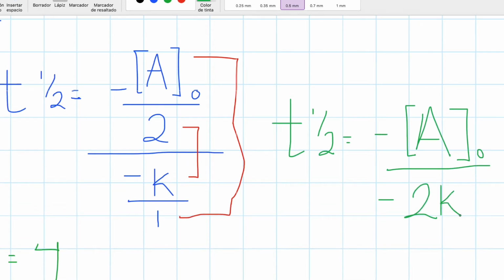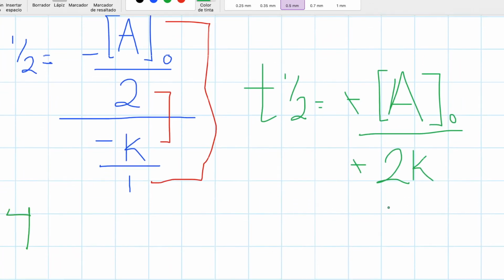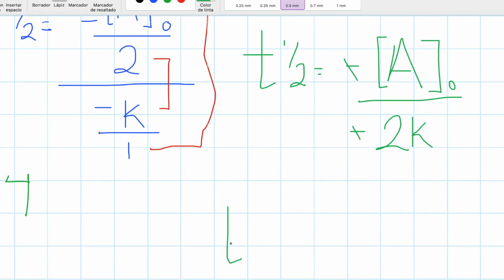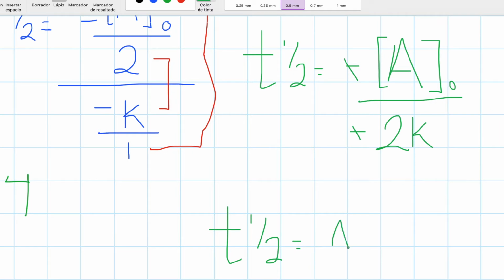Then we have negative signs, so we can cancel them out. Our resulting t1/2 for the zero order reaction is going to be initial concentration over 2k.